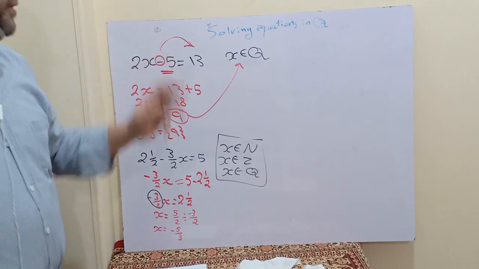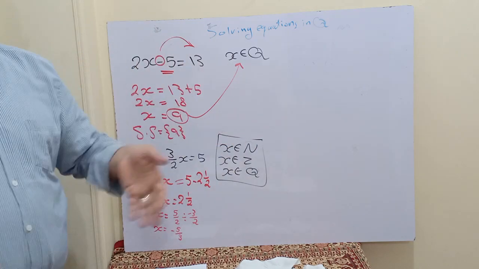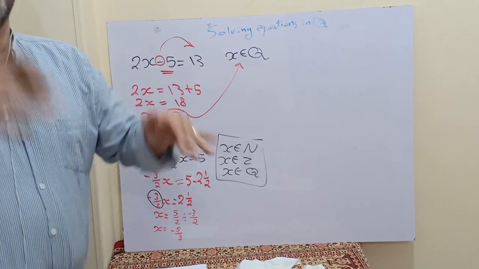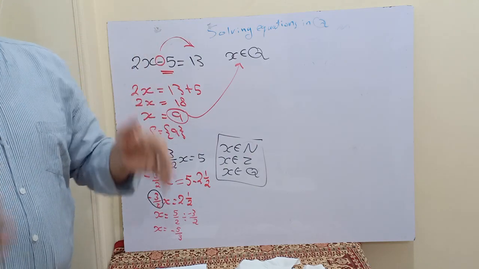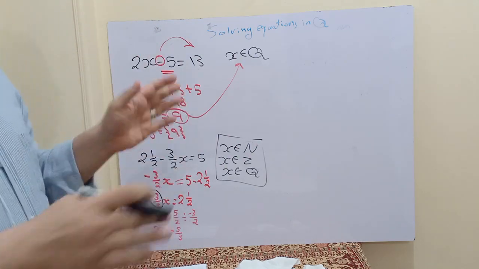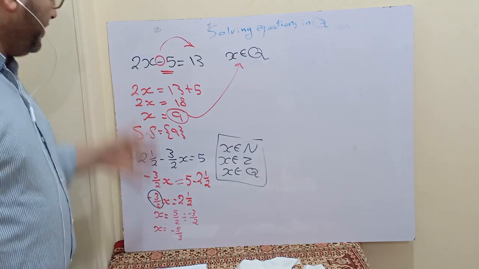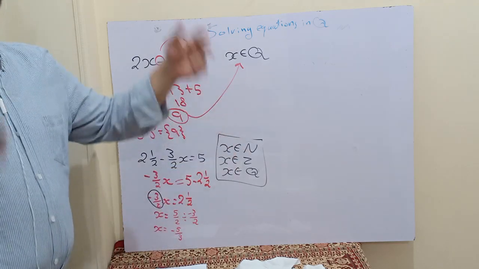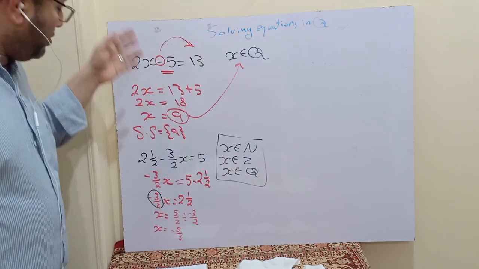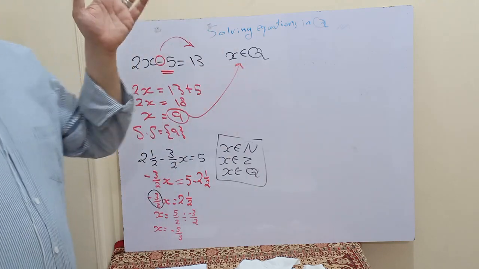Look at the substitution set. -5/3 doesn't belong to N because it is a negative number, and all the elements of N are positive or 0. Okay, -5/3 doesn't belong to Z because Z has no fractions.